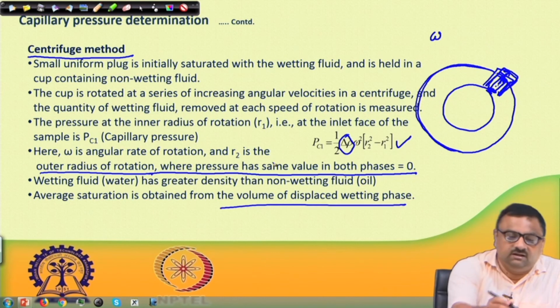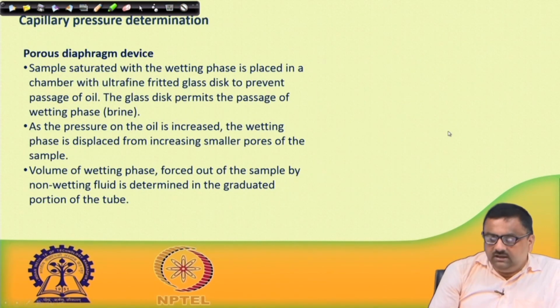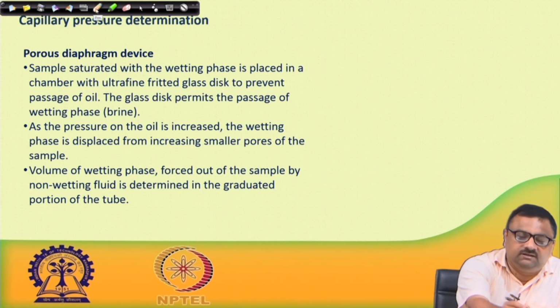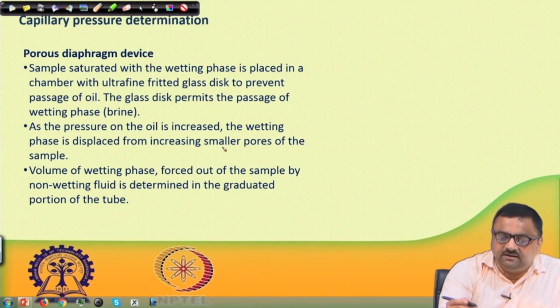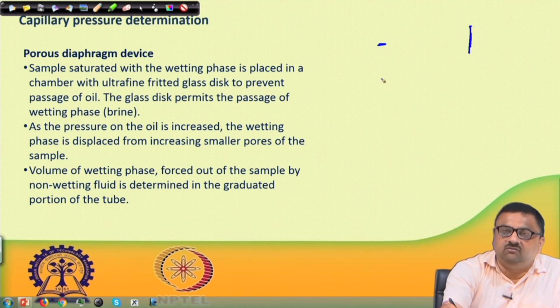from the displaced wetting phase. If I look at the earlier case, we had the diaphragm device. There, what did we measure? We measured at various pressures, the pressure versus saturation. So, I set the pressure at some point, and I find that this much water level has gone up. From there I can find out the change in saturation in this porous plug.